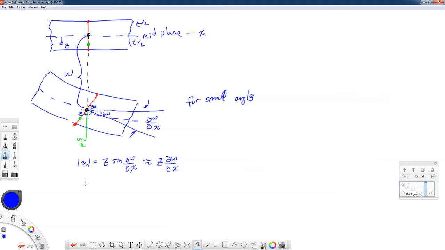And because that has moved to the left, we're going to say that the displacement in the x direction is minus z times the partial of w with respect to x. And in a similar way, the v displacement is going to be minus z times the partial of w with respect to y.